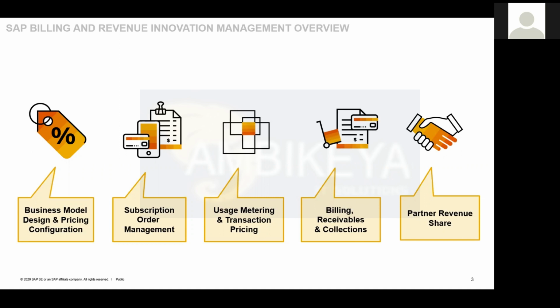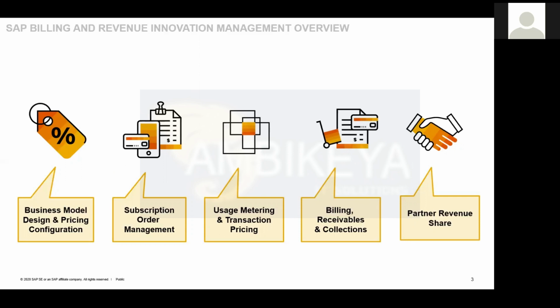With the SAP BRIM, BRIM stands for Billing and Revenue Innovation Management. For those who are totally new, we cover a lot of processes. First of all, we are able with BRIM to analyze and realize the business model design and have pricing configurations in BRIM. We have one part that is a subscription order management.